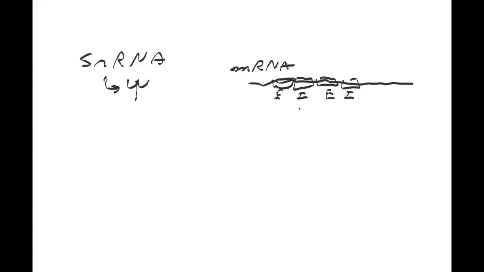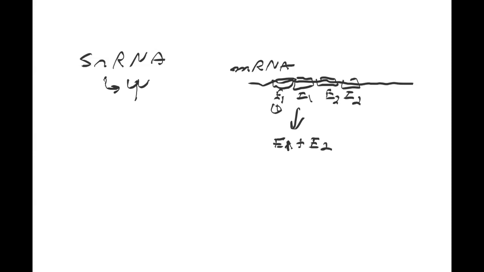And this can be folded and spliced in a way where we only have exons. So exon 1, intron 1, right? Exon 2, intron 2. We want an exon 1 plus exon 2.